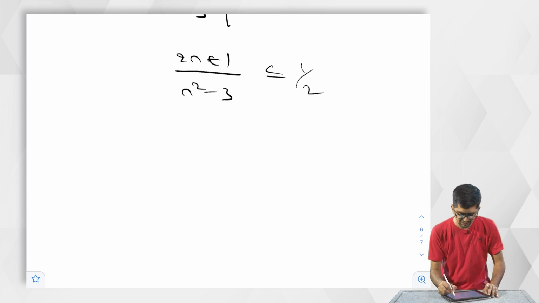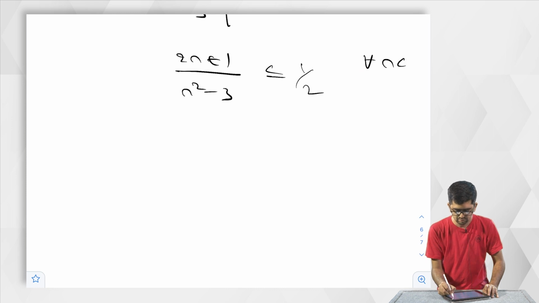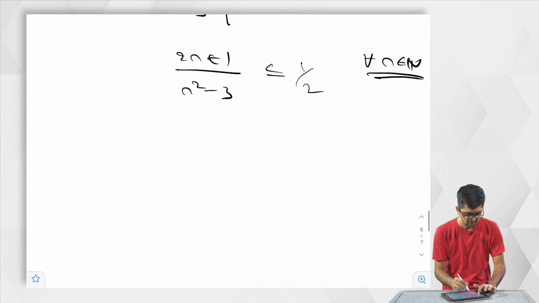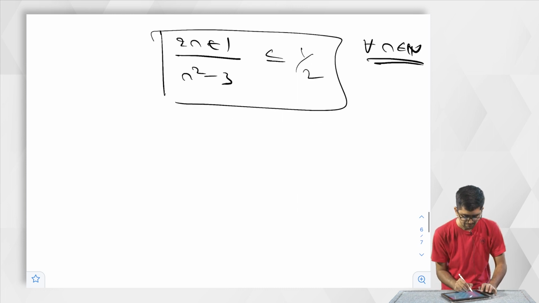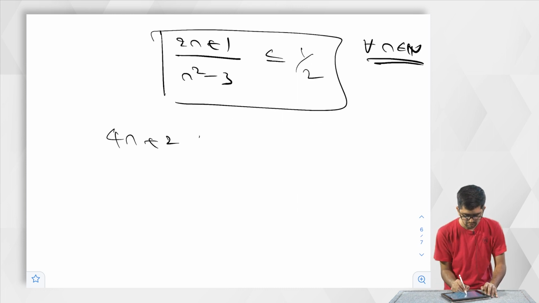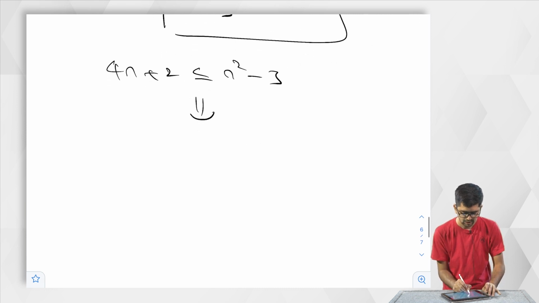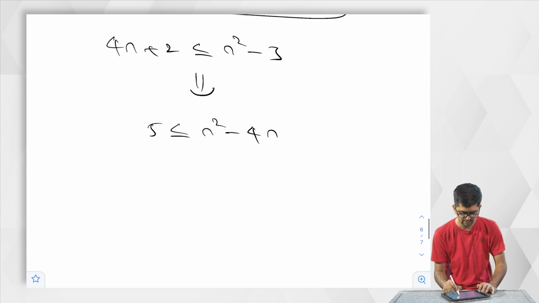So we are looking to see whether this is true for all n belongs to N or except the first few elements, as in the case of m is equal to 1. So this is same thing as saying that 4n plus 2 is less than or equal to n square minus 3, and this is same thing as saying n square minus 4n minus 5, that is equal to n times n minus 4.